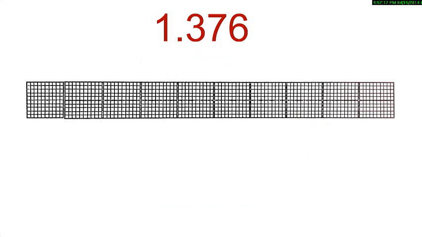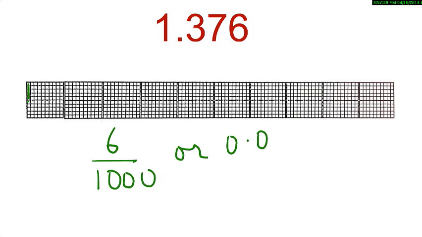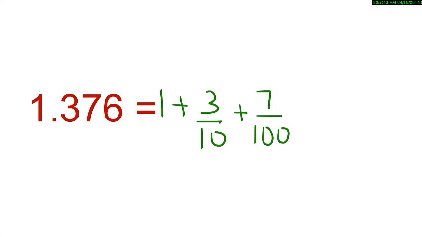If I shade 6 squares of my 100 by 10 grid, then I represent 6 by 1000 or 0.006. So, can I say 1.376 is equal to 1 plus 3 by 10 plus 7 by 100 plus 6 by 1000.